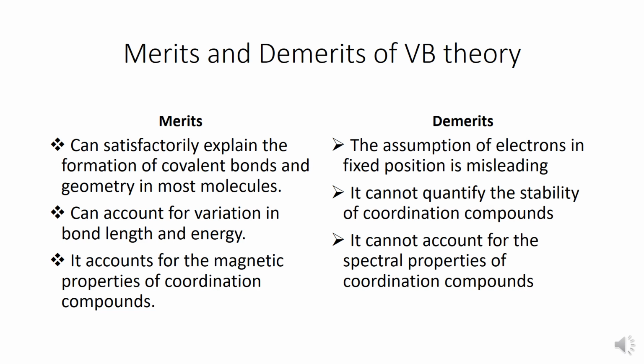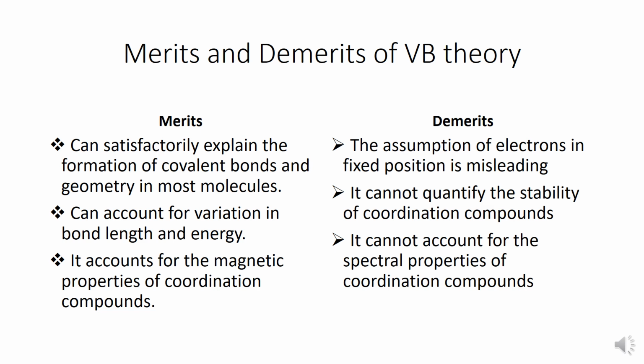Anyhow, as it is always the case, the assumption of electrons in a fixed position is misleading because electrons are never fixed. Electrons are perpetually in a state of motion. But this theory assumes that an s electron remains in s orbital, a p electron remains in p orbital. No, it is misleading.